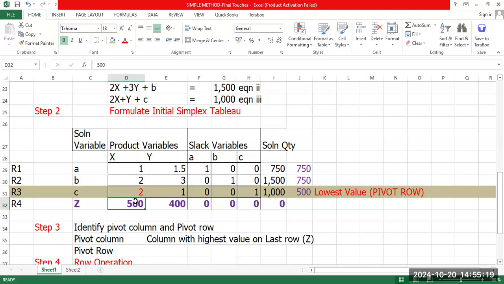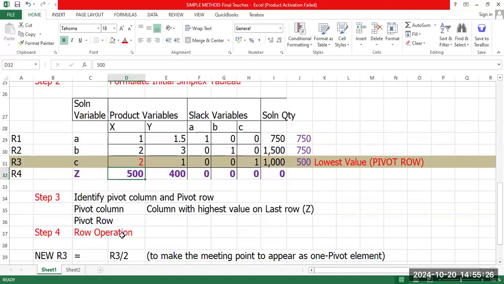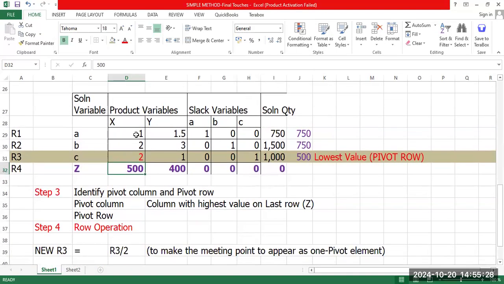So someone who is marking you wants to see your next table with such kind of information. Here you must see 0, here you must see 0, here you must see 1 since it is a meeting point, here you must see 0.